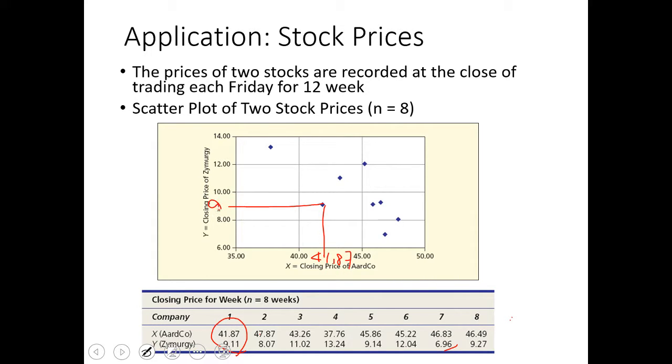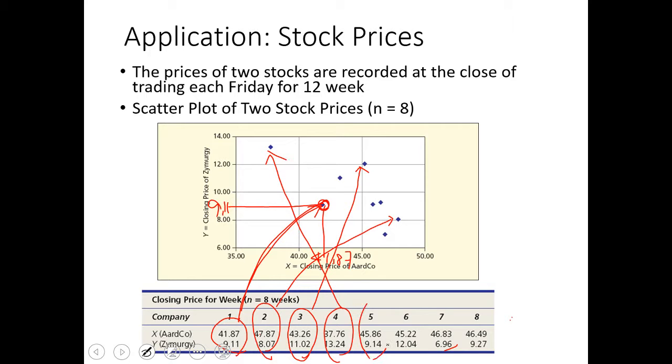So this one is mapped to this point, and this point would be mapped to here, and this point is 11, so here, and this point is here, something like that.